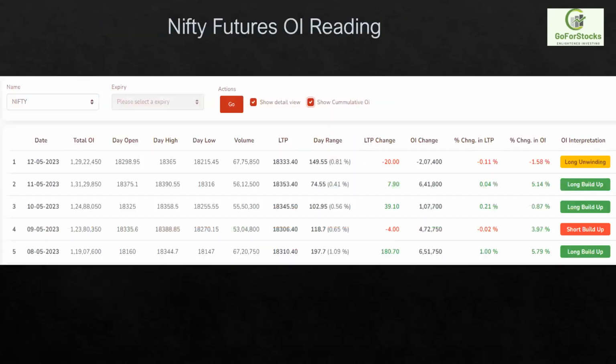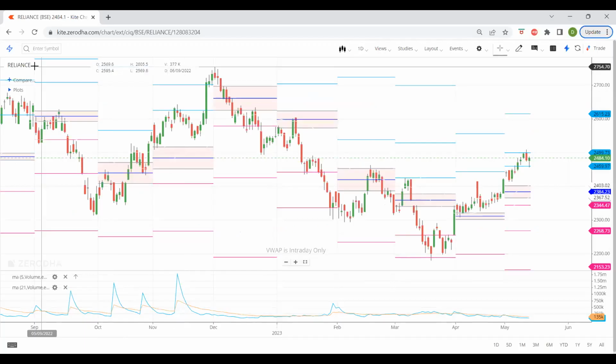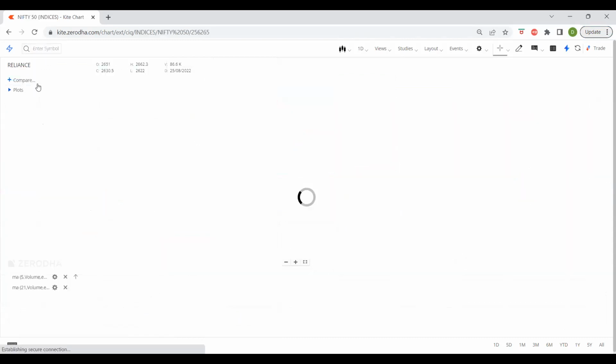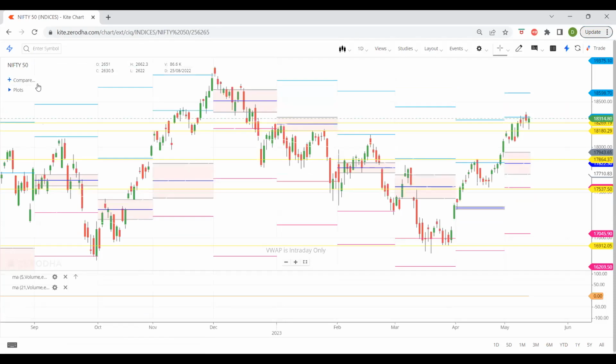Now, we look into the Nifty futures OI data, but before that, we'll look into the Nifty charts. This is the daily chart of the Nifty.